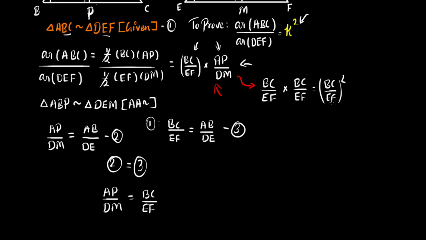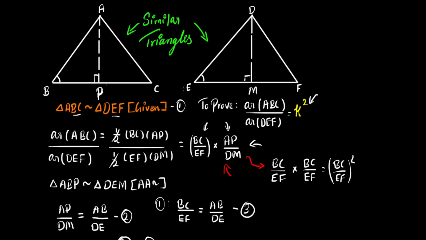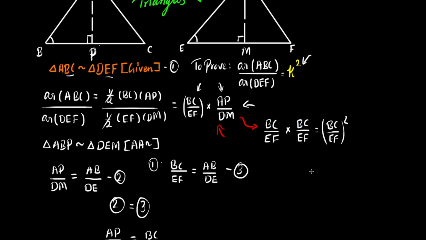BC by EF is basically our scaling factor, and if you do the same with the corresponding sides AB and DE, you get the same value. The scaling factor is constant, so we can generally write that it is equal to the scaling factor squared. Hence proved.